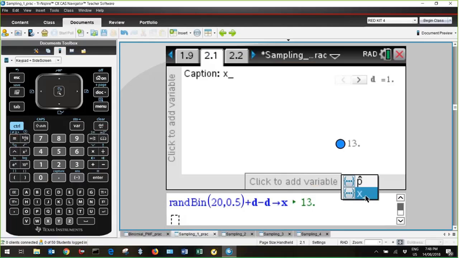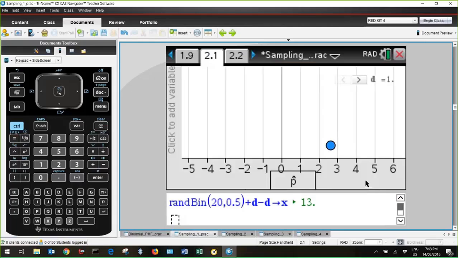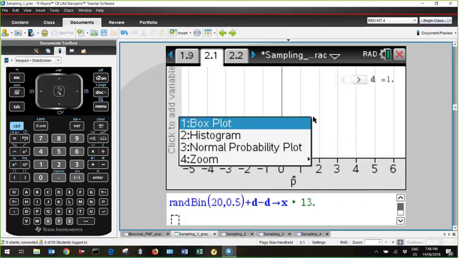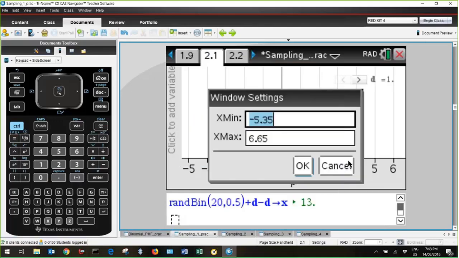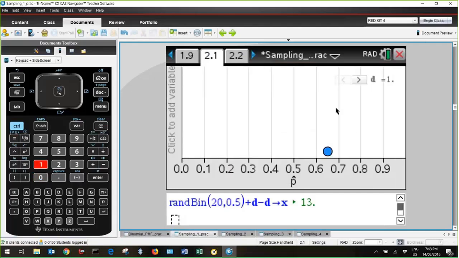And I'd better change the scale, so Windows settings, from 0 to 1. Okay, so this time I've got 13 successes. So that's in one survey of 20 people.